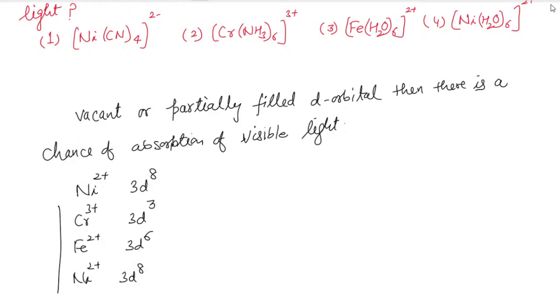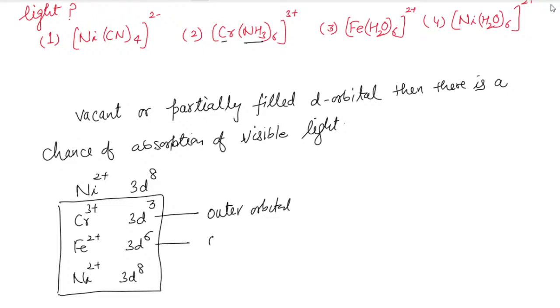Now see, this is always outer orbital complex, and 3 electrons are always unpaired. In this case, again this is outer orbital complex because water is weak ligand. Here, sorry, this is inner orbital complex, but there are 3 unpaired electrons.